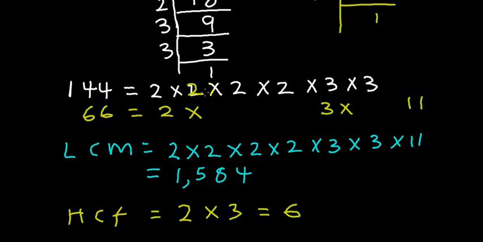Like for instance here we have 2 appearing 4 times, so you bring it down. Then we have 3, which appears most in 144, so you bring it down, times 3 times 3. And the last factor, which is 11, is the only one we have, so we bring it down. Then you multiply all the numbers, and that's how you arrive at the LCM.